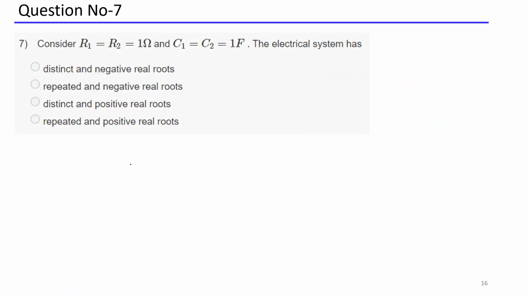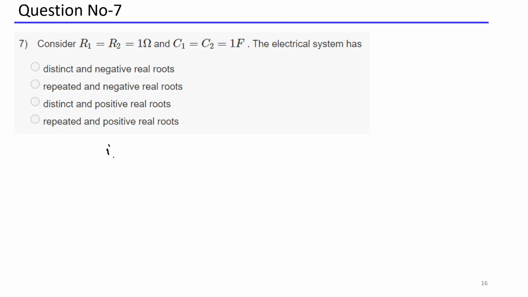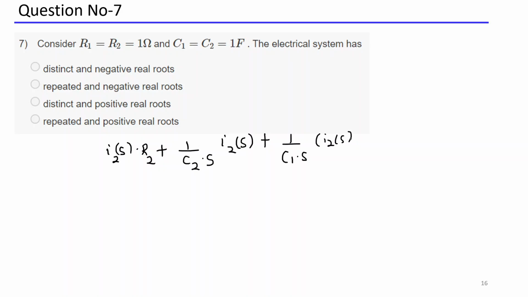I'm just writing here. The Laplace transformation of this equation is I2(S) into R2, plus 1 by C2 into I2 dt, so 1 by C2 into S I2(S), plus 1 by C1 S into I2(S) minus I1(S), is equal to 0.